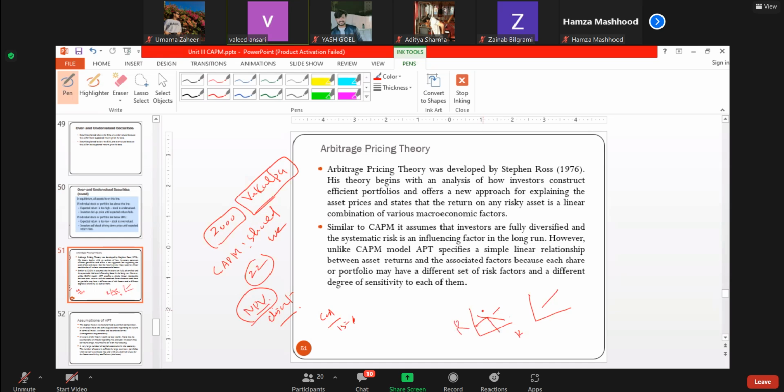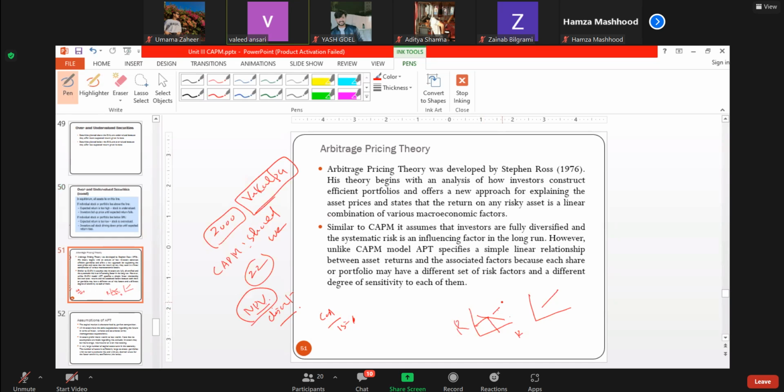But over the long run, CAPM has been found to be a descriptor, and there are anomalies in some returns which cannot be described using certain risk-based models, like momentum and other factors.